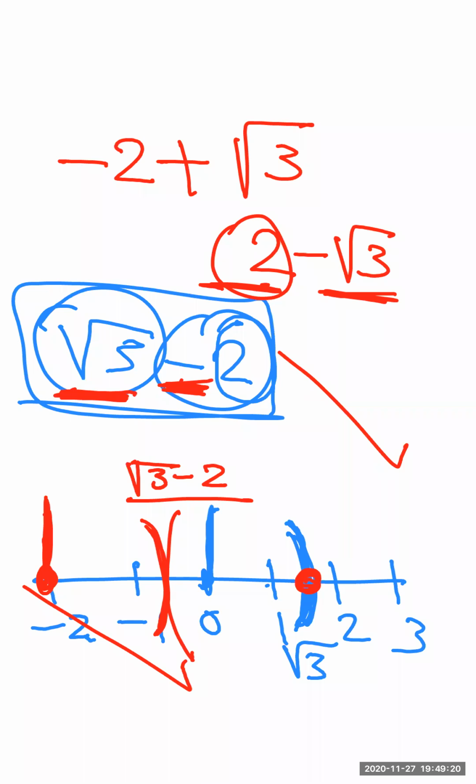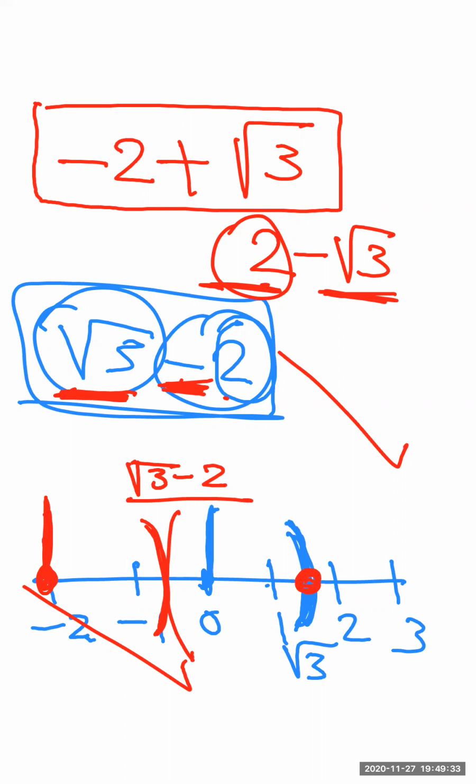I thought you asked me whether square root of 3 minus 2 is the same as negative 2 plus square root of 3. I said yes. So for square root of 3 minus 2, we start from negative 2, then go to square root of 3. But for 2 minus square root of 3, we start from 2 by the same distance of the hypotenuse, but in the negative side.